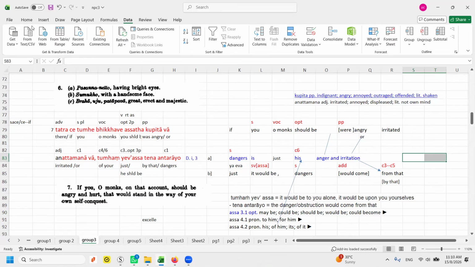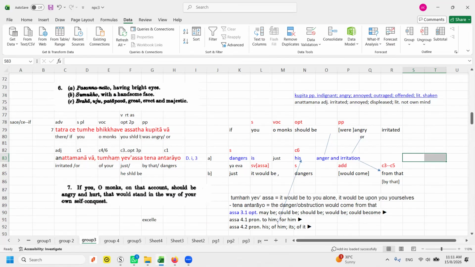Okay, now what here already tells you the comma: tumhang. Tumhang yeva. Can you see yeva? This is instrumental from ya. Ya eva and asa, tena, by that. Can you see antarayo here?